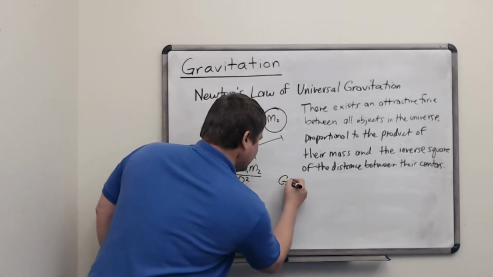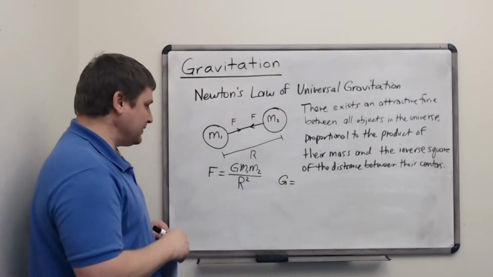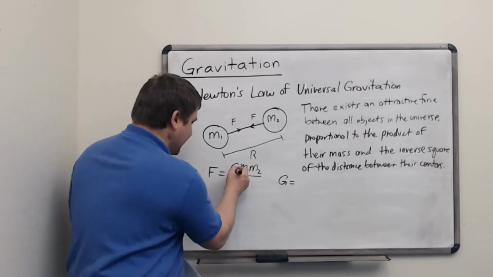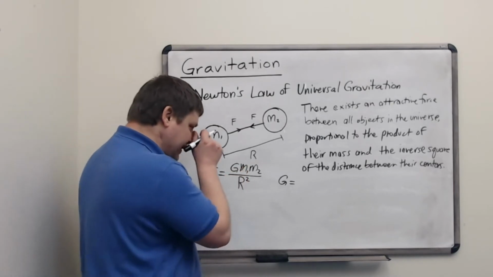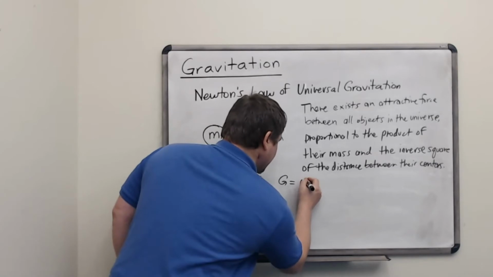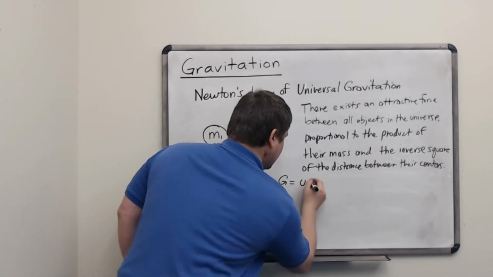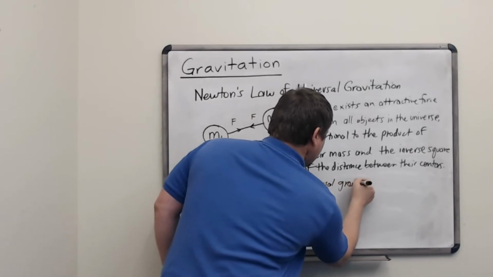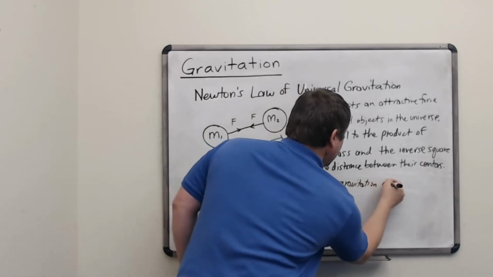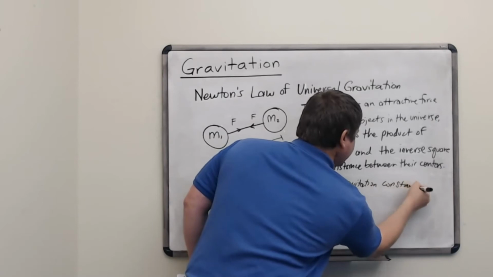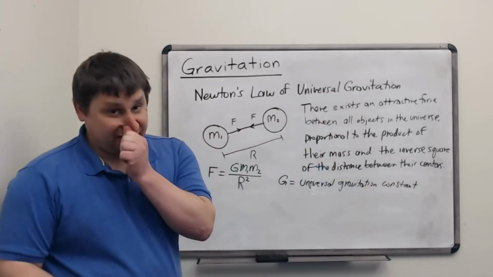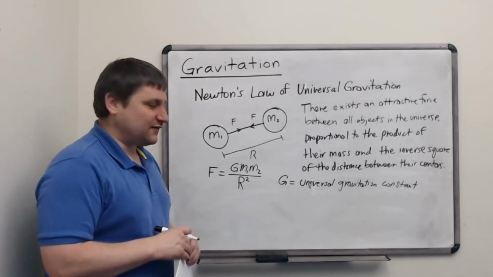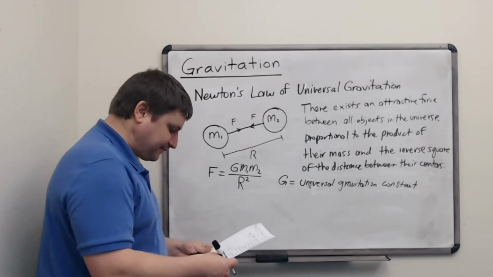This constant was not actually invented by Newton. He used totally different unit systems and a lot of geometry stuff. But nowadays we call this the universal gravitation constant. But I'm not going to give you its value just yet because it's an interesting story how we ever figured out this value in the first place.